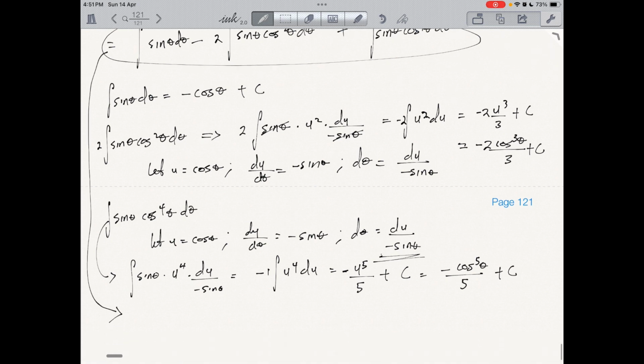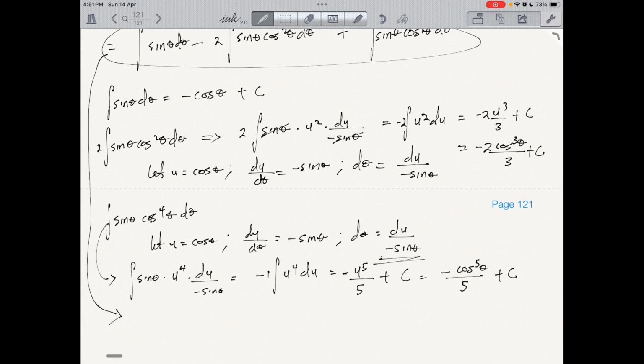And integrating sine theta will give us minus cos theta.